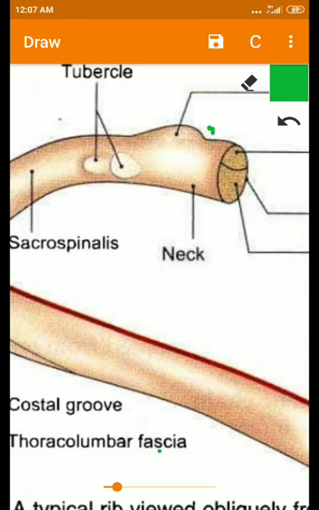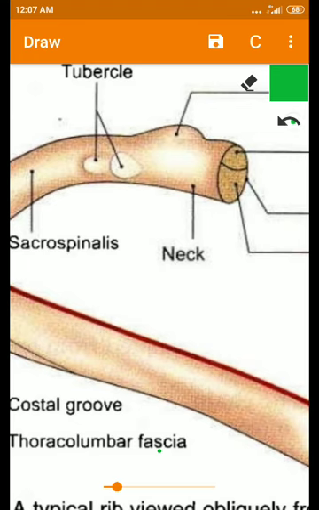Coming to the posterior surface: the anterior surface faces upwards, and the posterior surface faces downwards and backwards. The posterior surface is rough, while the anterior surface is smooth, and it is pierced by numerous vascular foramina.